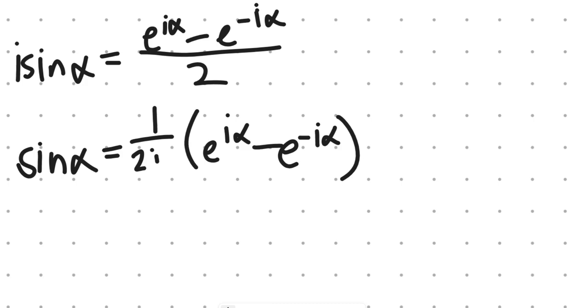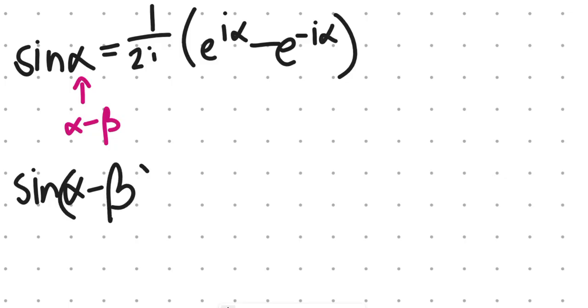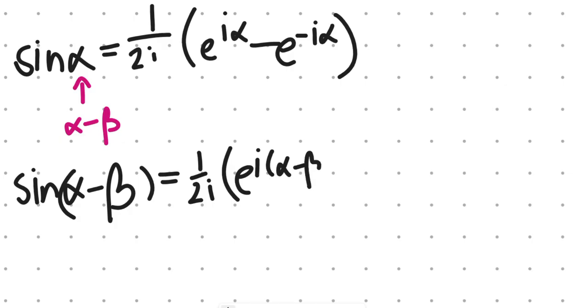And since we have this, we can now plug in alpha minus beta as the input, so that sine of alpha minus beta is equal to 1 over 2i times e to the I alpha minus beta, minus e to the minus I alpha minus beta.